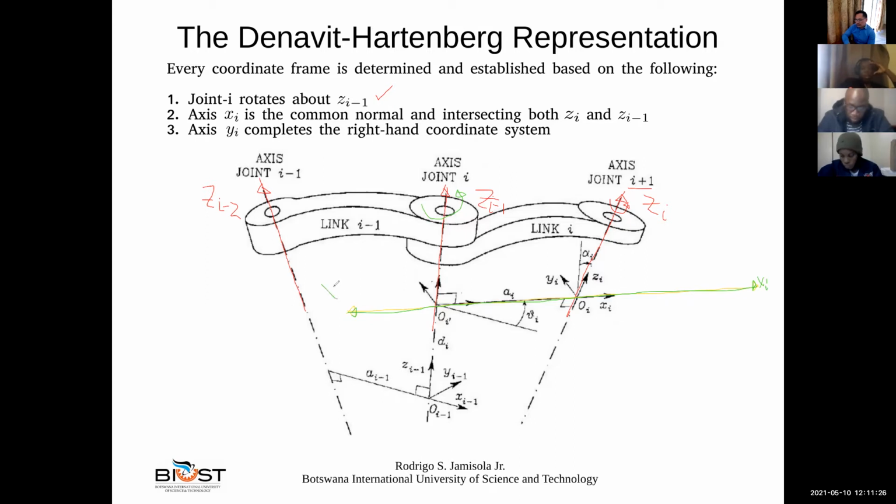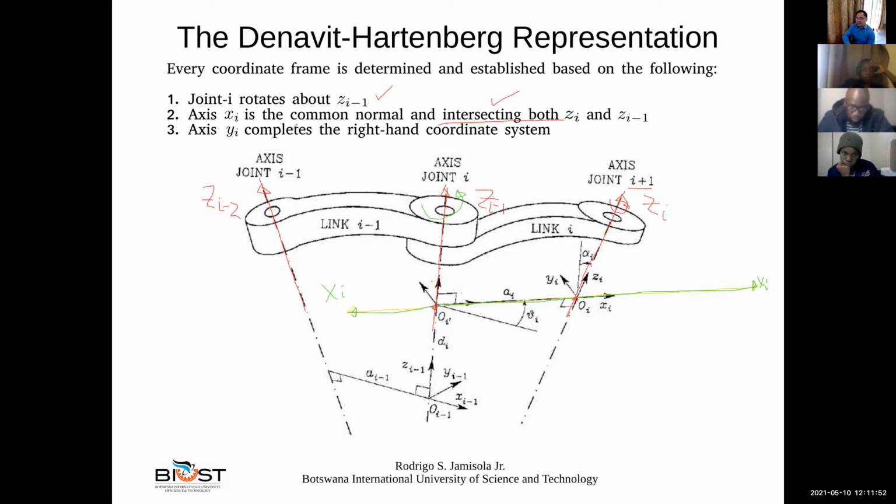Of course, this still remains x i because it's the same axis. And this x i is, again, the common normal intersecting both z i and z i minus 1. So it intersects this one and it intersects that one, so one condition is already satisfied.